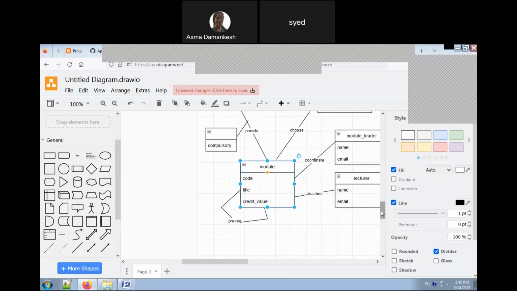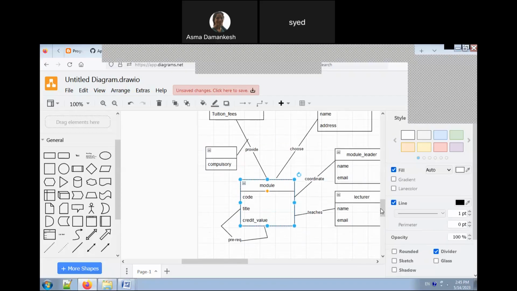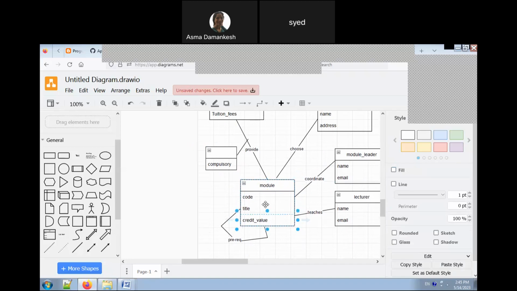Yes. But then what I'm saying is this module is not compulsory for all the degrees, or this module is compulsory for all the degrees, right? If I put it here. Yeah. But that's not the case, no? Because it's compulsory for some of the degrees and elective for some other degrees. So if I put it here, I cannot capture that information, no?